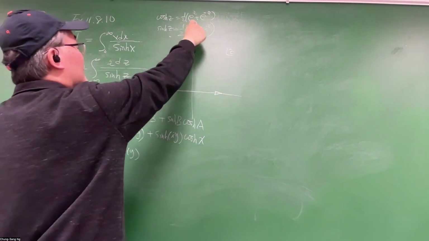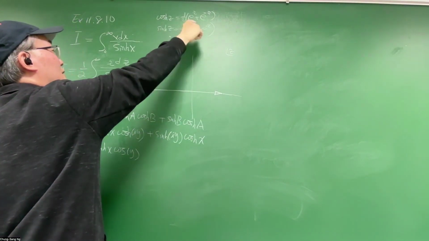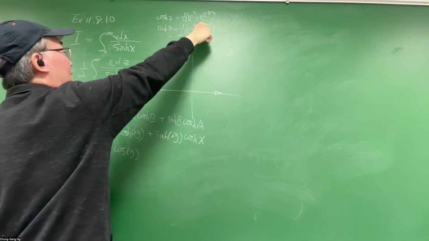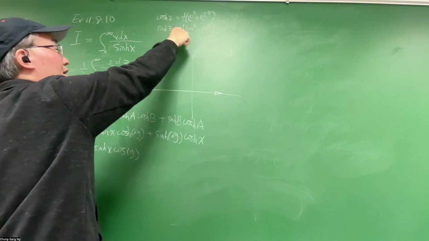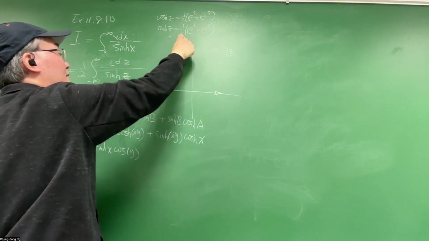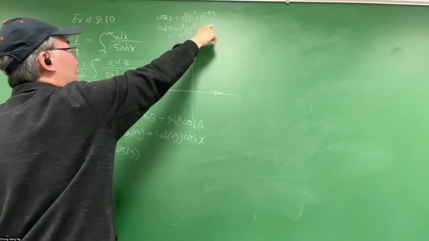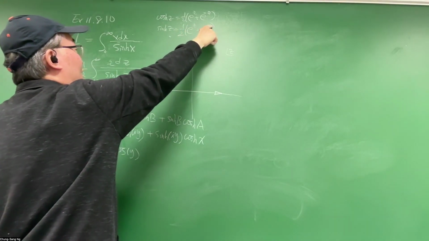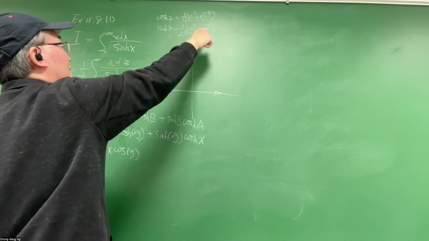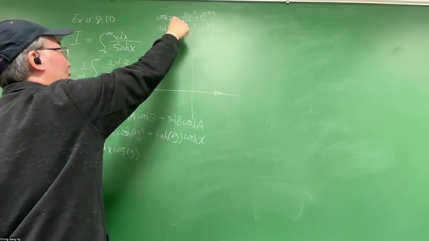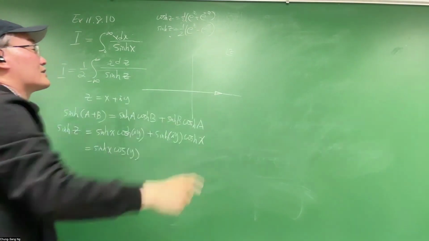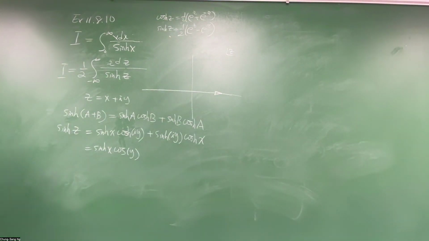For sinh, there is a slight complication: the sine is defined as 1 over 2i, so you change to iy and minus iy, which means you need to divide by i and multiply by i. So it's i times sine of y.